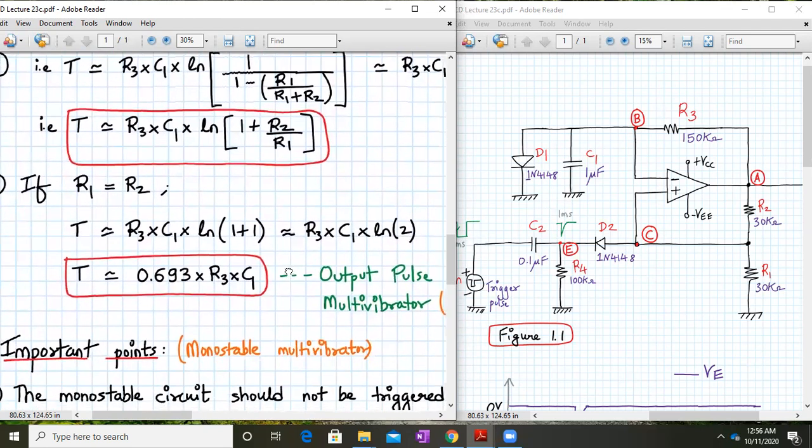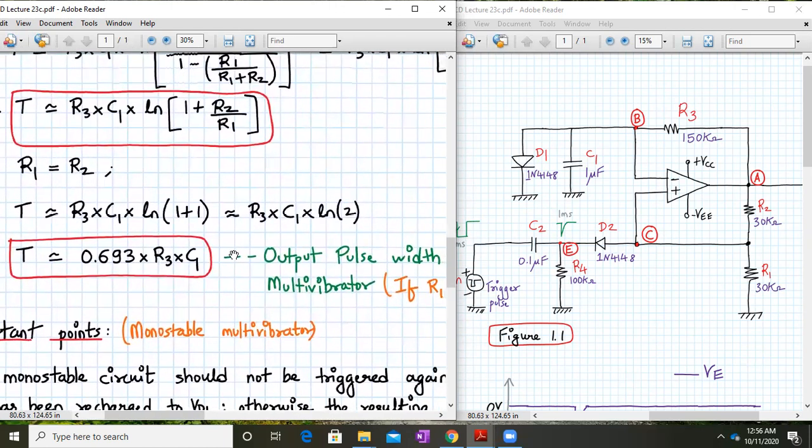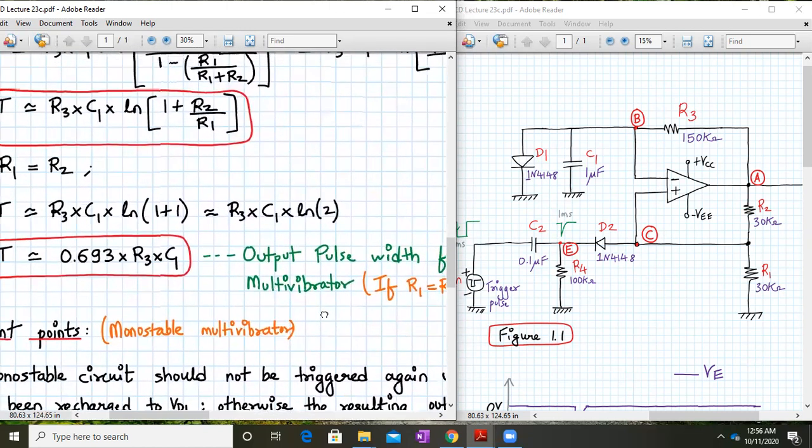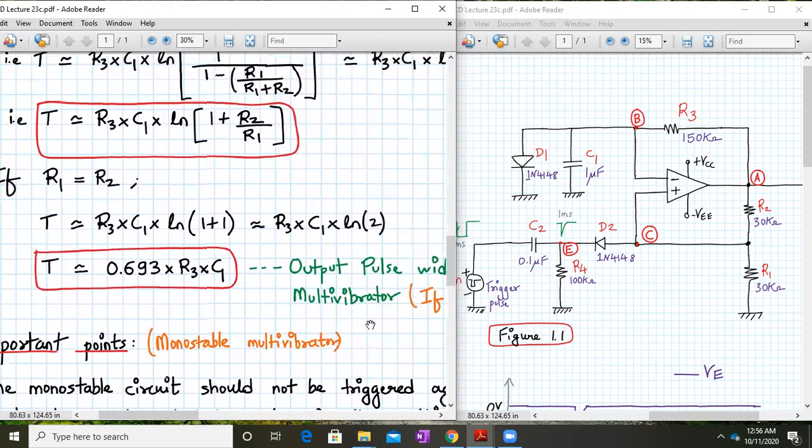If you work it out in a calculator, natural log of 2 is around 0.693. So we can say that the output pulse width of a monostable multivibrator using op-amp, if R1 is equal to R2, is given by T approximately equal to 0.693 into R3 into C1.